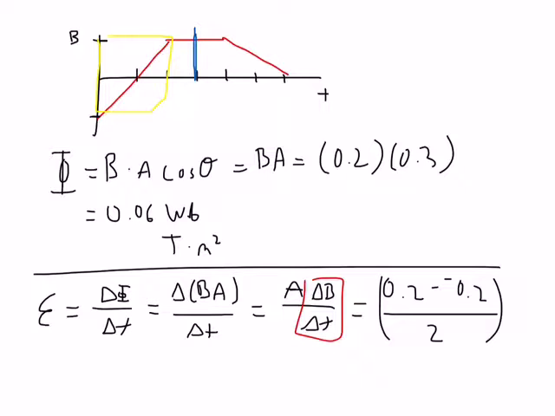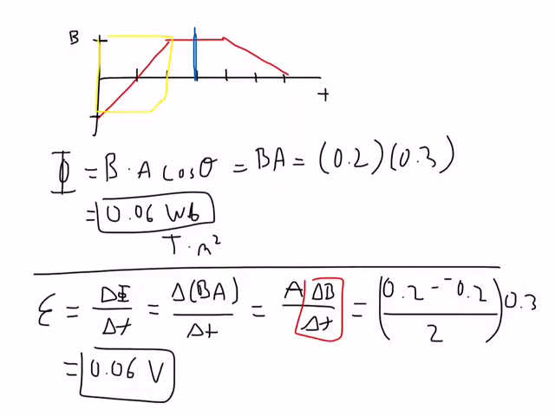That's the slope of my graph, and the area is still 0.3 meters squared. So we can plug all that in, and you're going to get 0.06 volts.